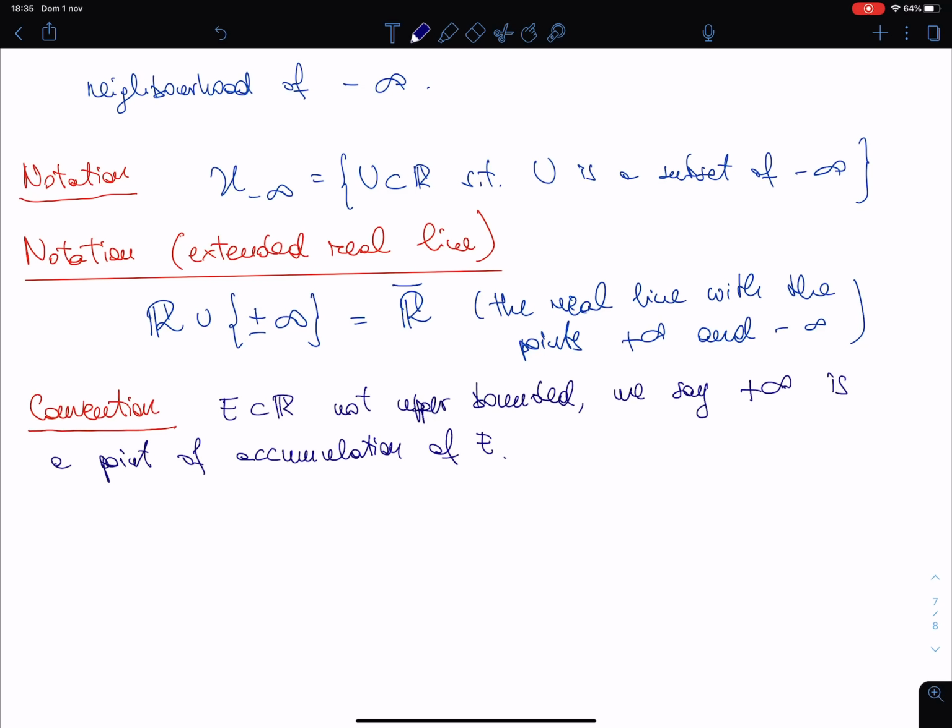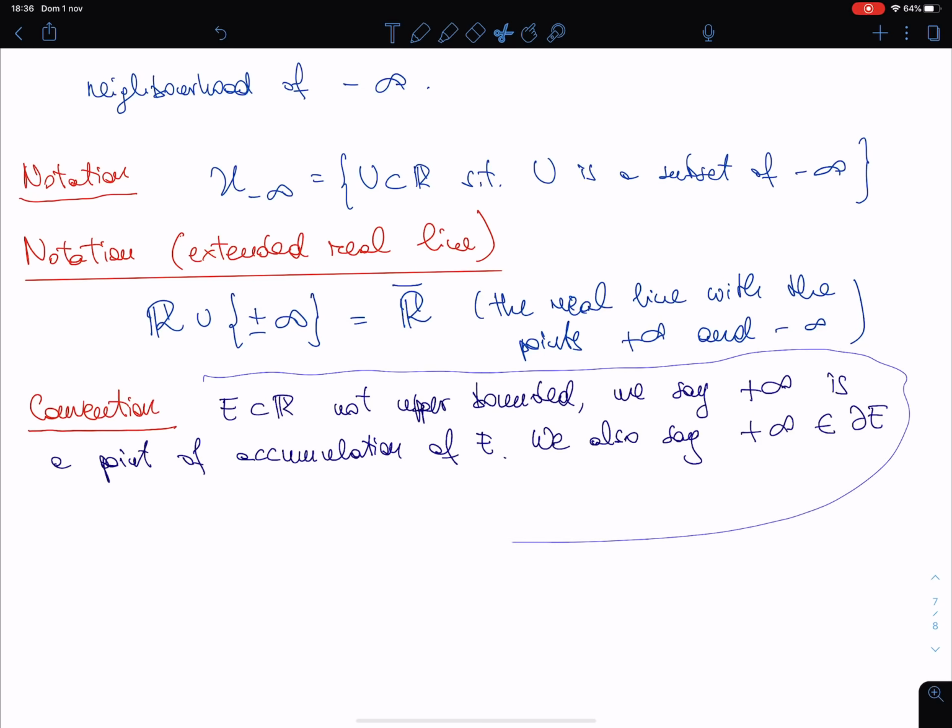It is a convention, and we also say that the symbol plus infinity belongs to the derived set of E. And exactly the same thing for minus infinity.